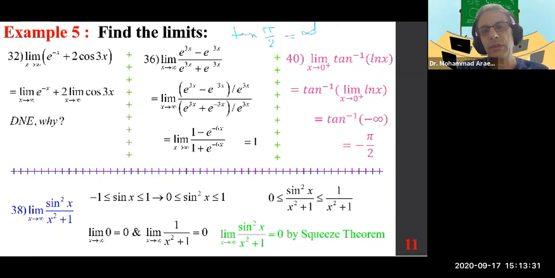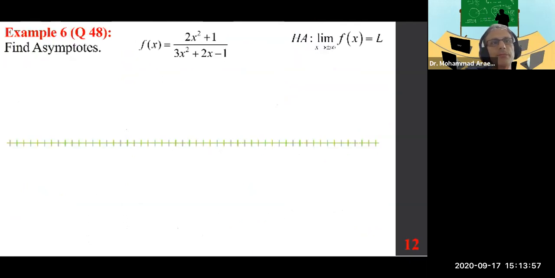And let me put it down here, tan of negative pi over 2, it's minus tan of pi over 2. Remember, tangent is an odd function. So negative. That's another way of looking at it. I wanted to make sure that we are comfortable with the concept. So let's quickly move on.